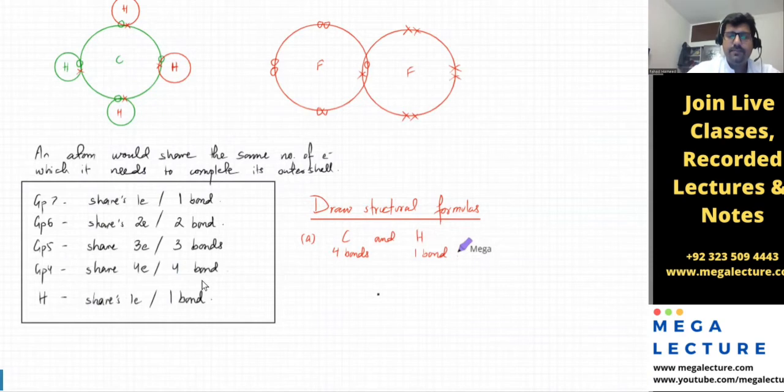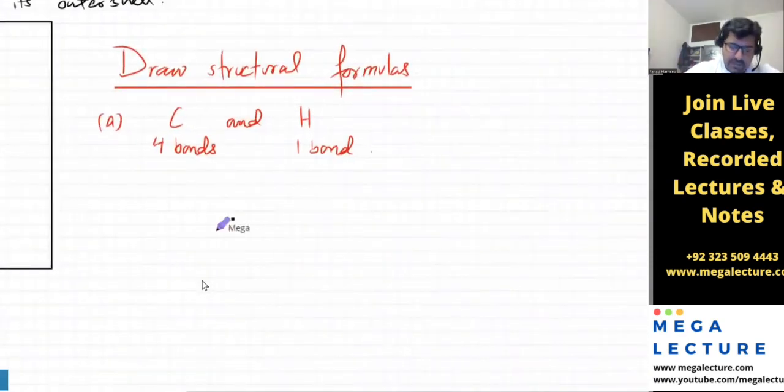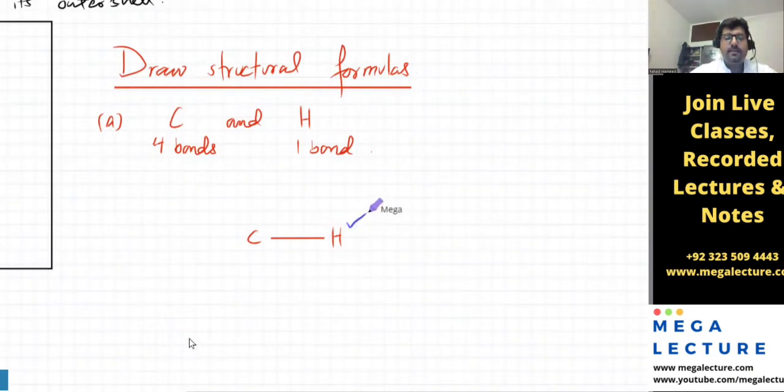Okay, makes 4 bonds. So what I'm going to do is use these dashes or sticks. I've got a carbon and a hydrogen atom, right? Carbon is supposed to make 4 bonds. Hydrogen is only going to make 1 bond. So hydrogen's bonding is complete. Hydrogen wanted to make how many bonds? 1 bond, right?